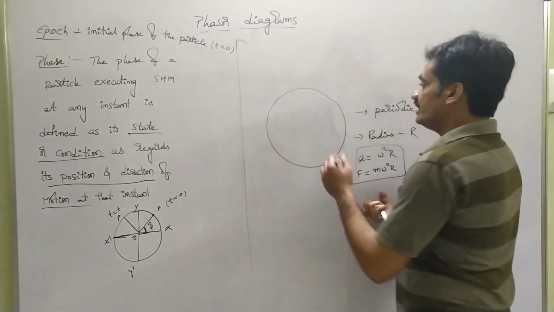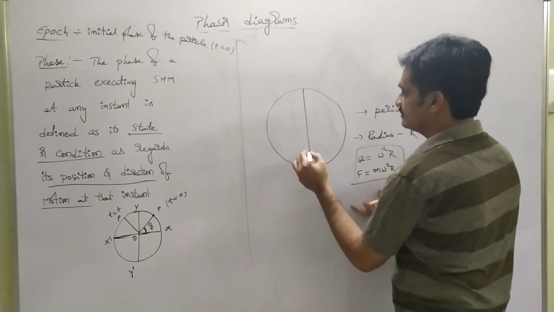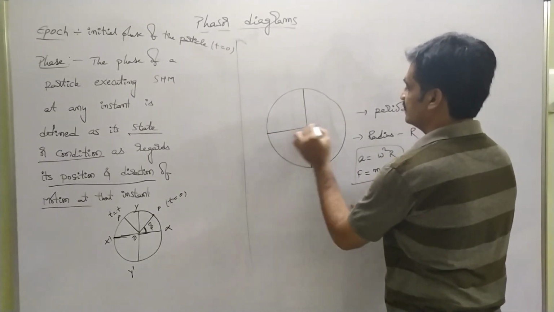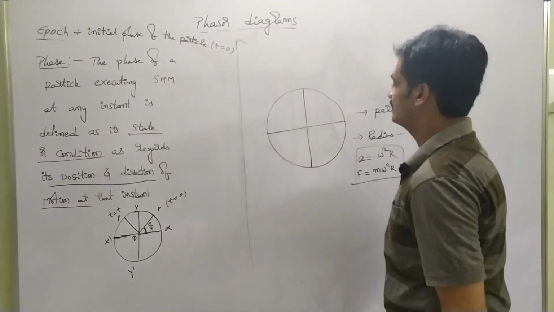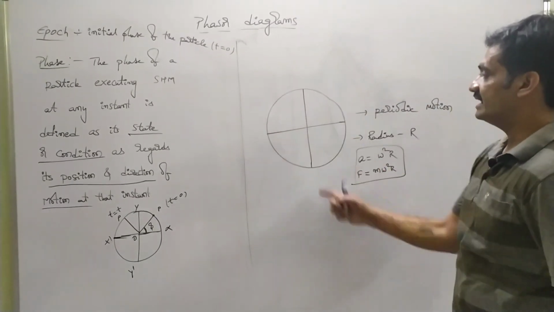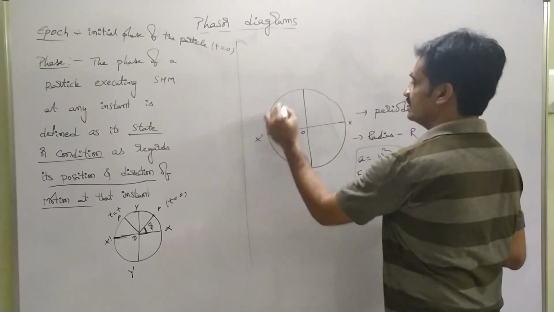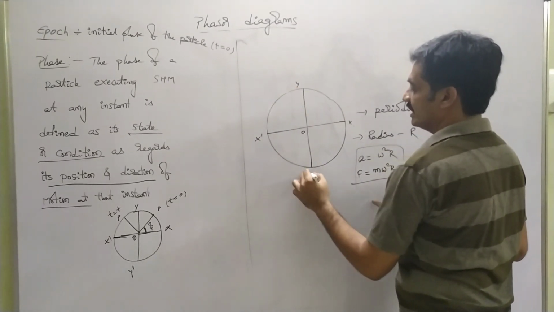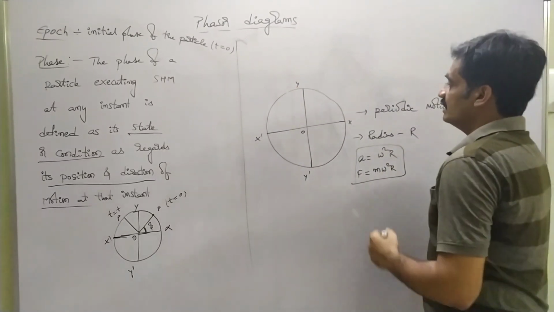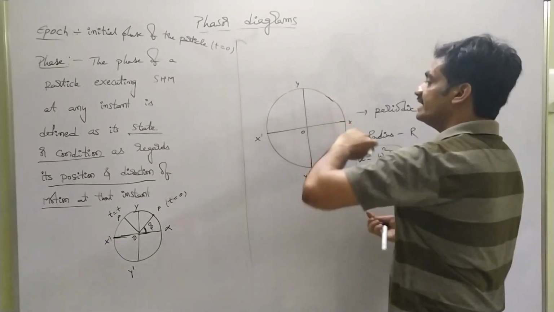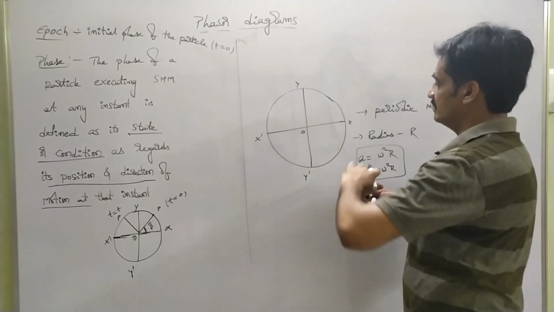Whereas here, if we consider two diametrical axes, one is XOX' and the other is YOY'. Let us consider the particle is rotating in the anti-clockwise direction.